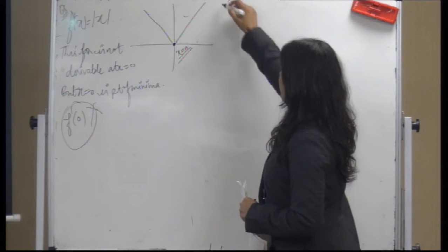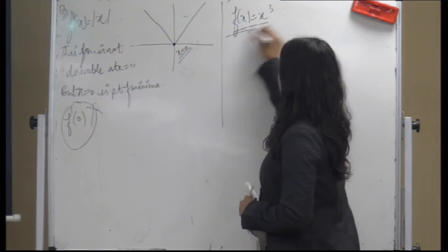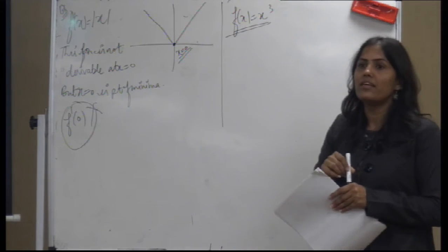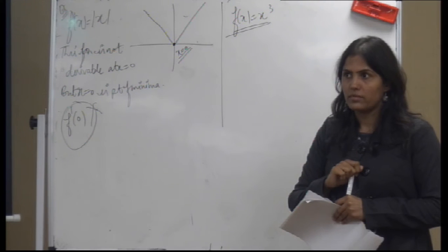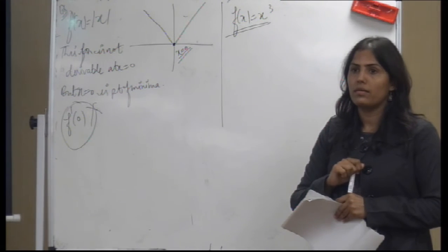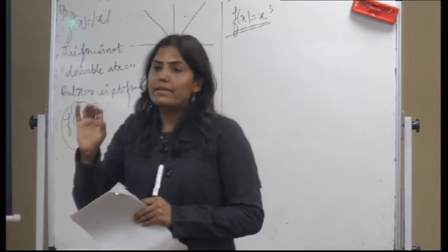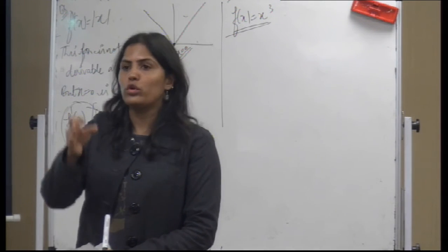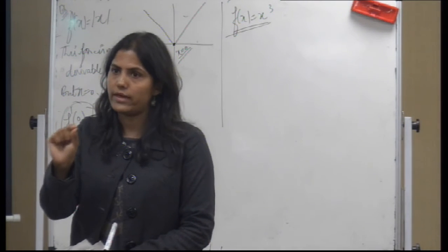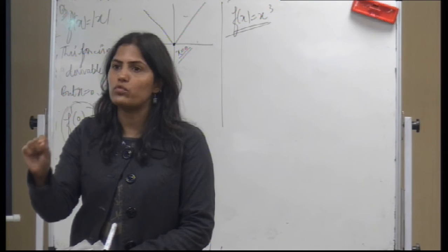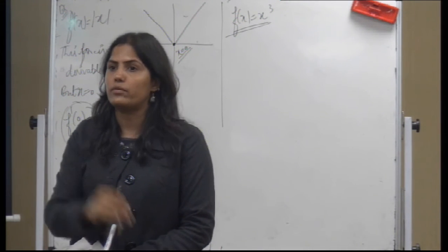So another example, what is the necessary condition? I think I told you two times: if you know that at a point the function has a maximum value, if you know at x equal to c the function has a maximum value, then at that point the derivative will be 0.